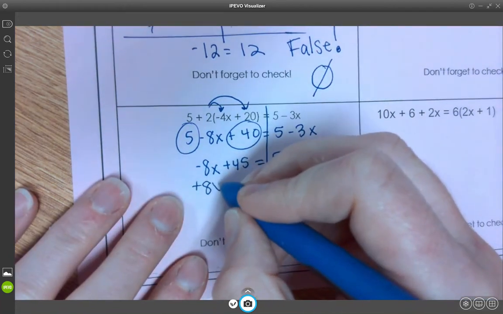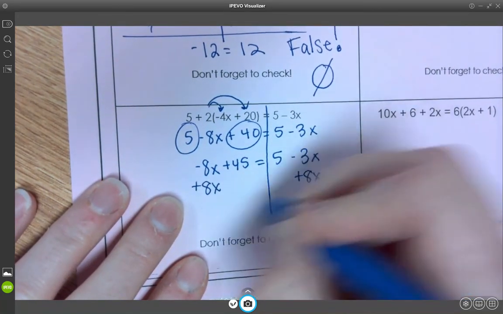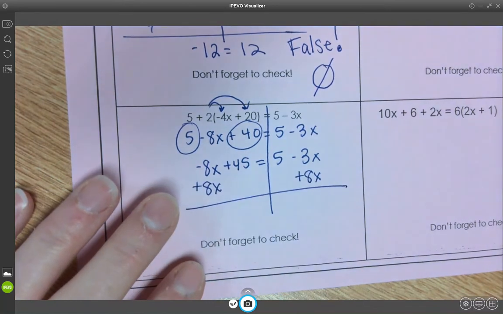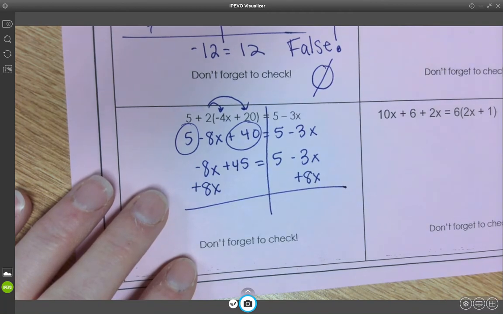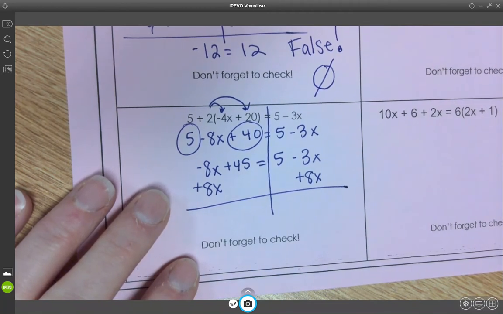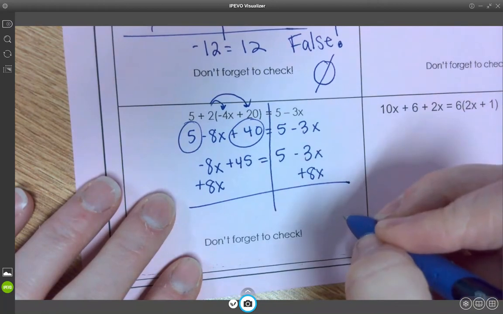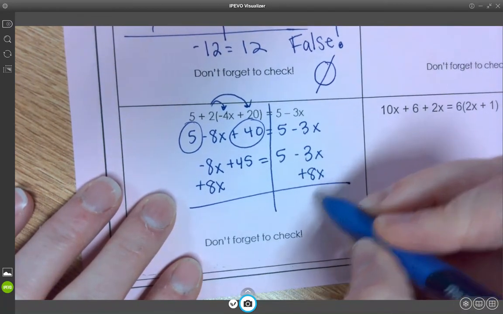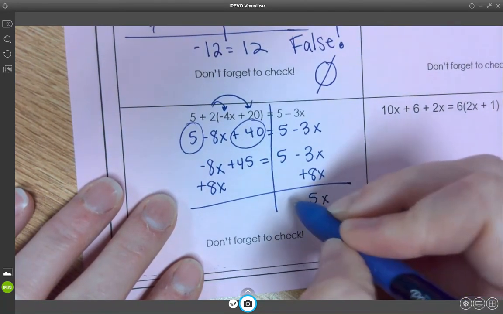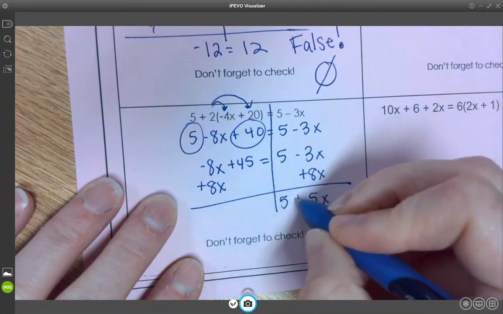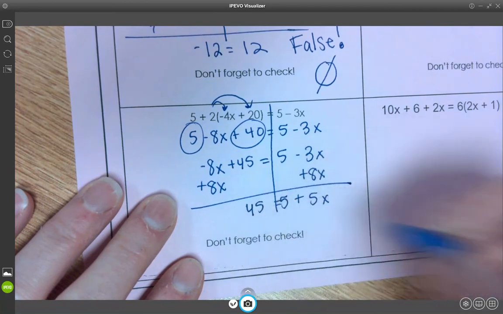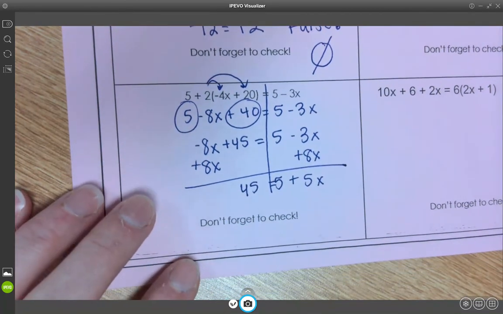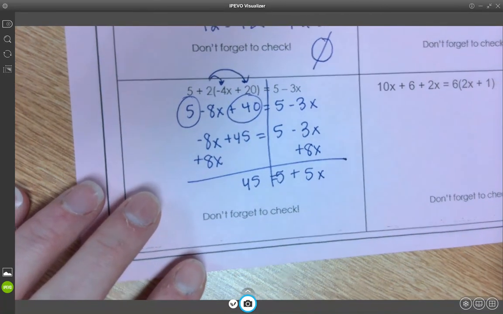Let's say 8x. No, because one's negative, one's positive. It's a positive 5. So I put plus there. I need to get the x all by itself.